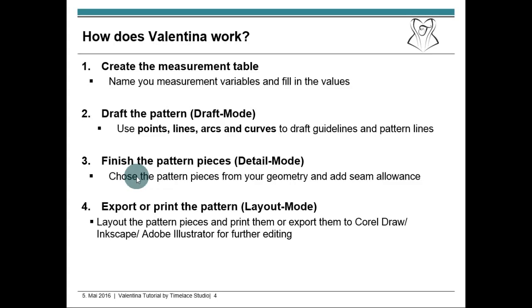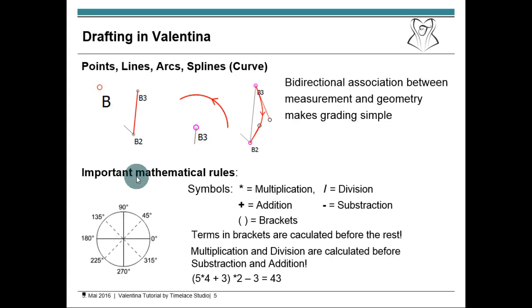And then the pattern pieces are finished in the detail mode, where you will add a seam allowance to the pattern pieces. And then in the 4th step, you will export or print the pattern pieces in the layout mode. You can export them, as I said, to CorelDRAW, Inkscape, Illustrator or a lot of other programs, or you just print it to paper.